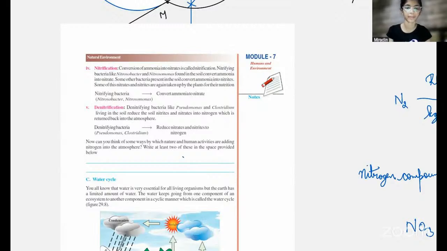Some other bacteria present in the soil convert ammonia into nitrites. Some of those nitrates and nitrites are taken up by the plants for their nutrition. So nitrifying bacteria convert ammonia to nitrates, which are consumable by the plants, like a chapati for the plant.